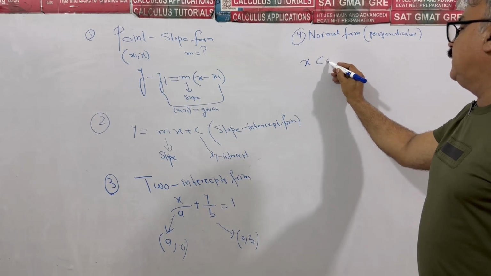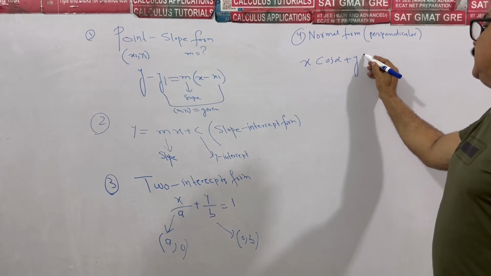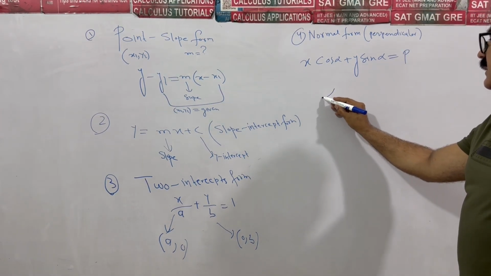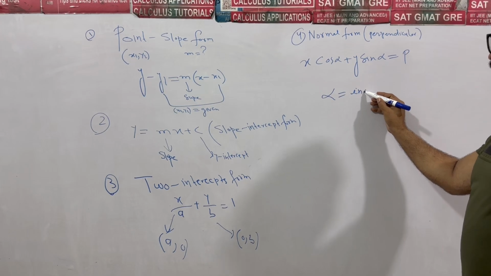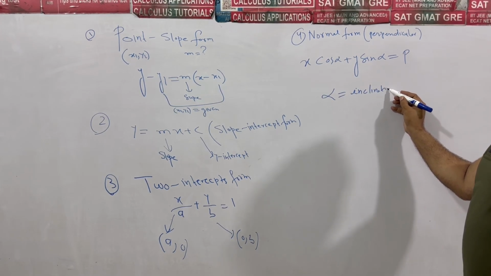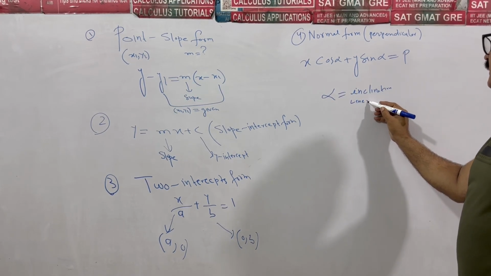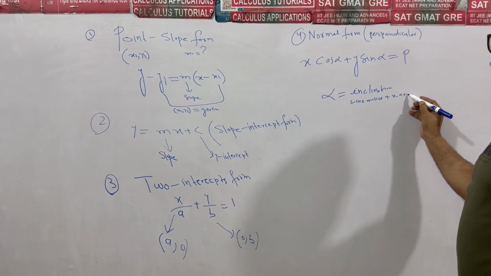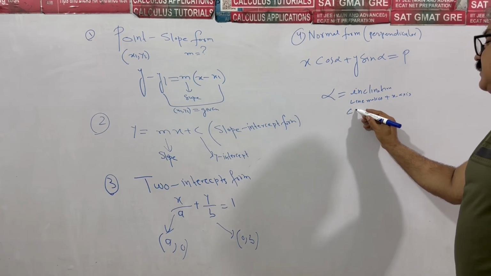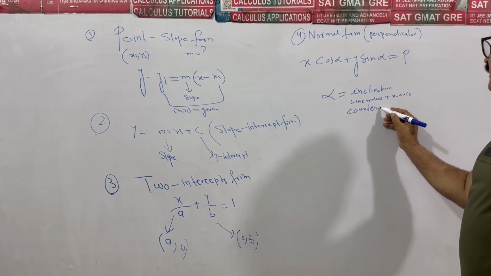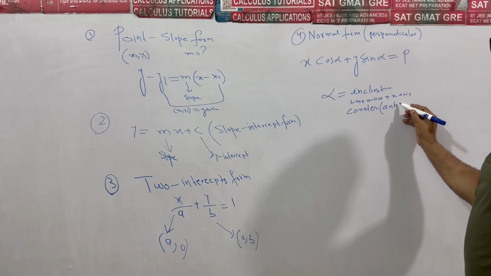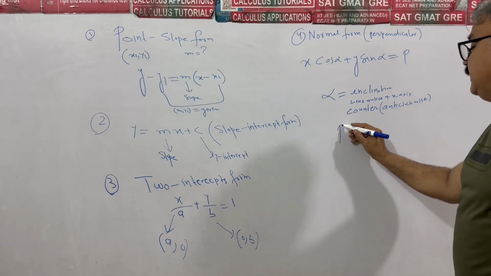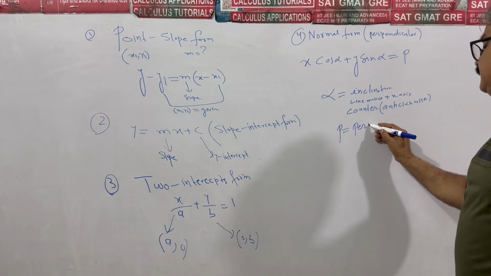It is x cos alpha plus y sin alpha is equal to p, where alpha is the inclination angle the line makes with the positive x-axis, measured in the counterclockwise direction, while p is the perpendicular distance from the origin.